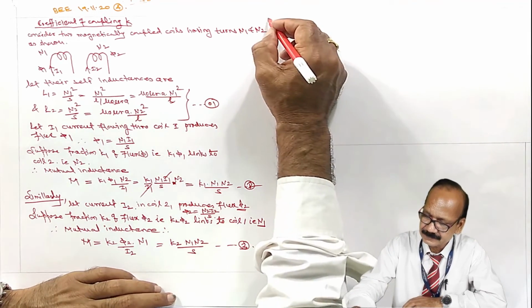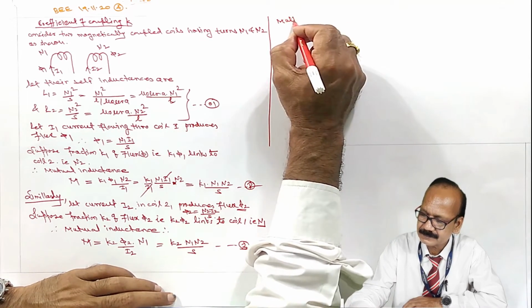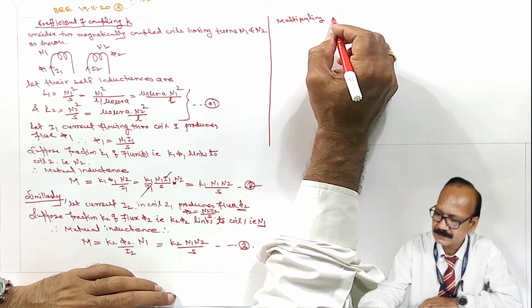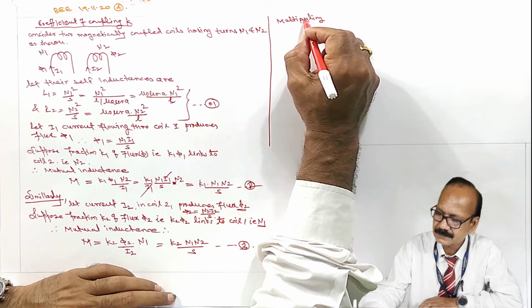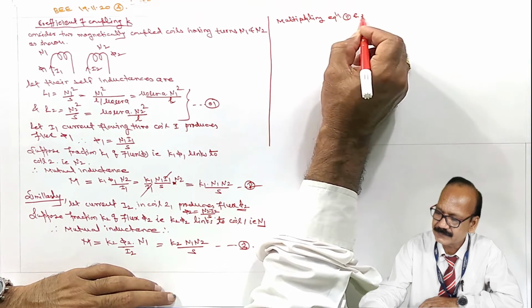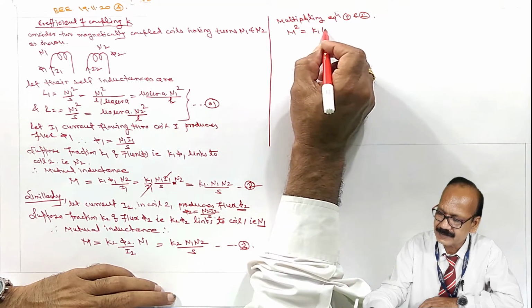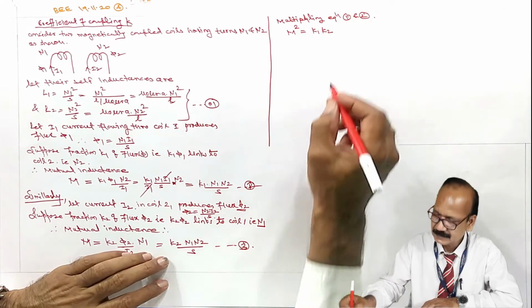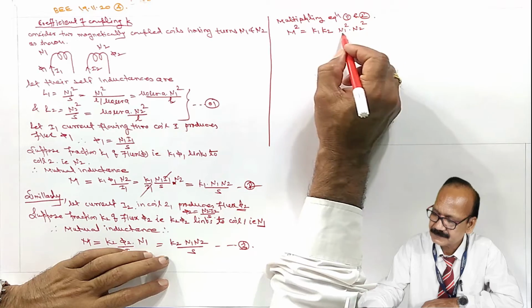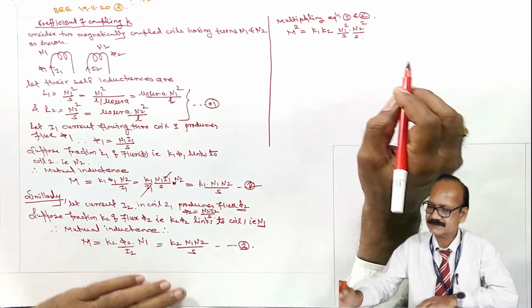Now multiplying equation 2 and 3, M square equal to K1 K2 N1 square N2 square upon S square.